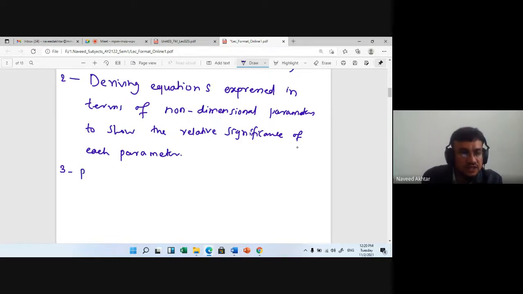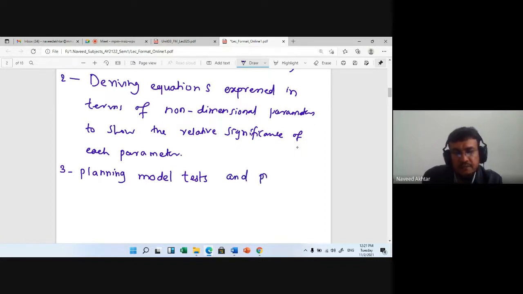Then the third use is planning model tests and presenting experimental results.